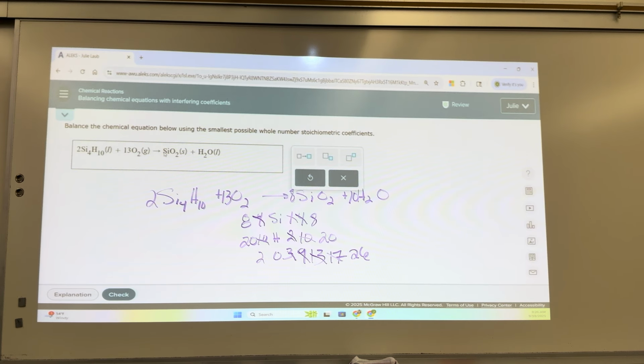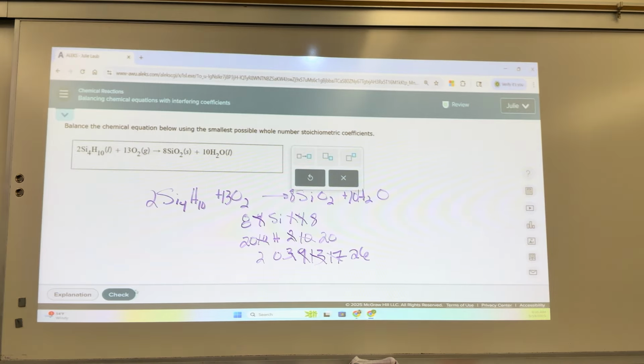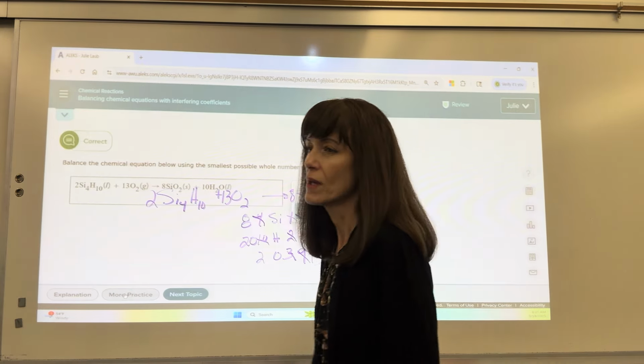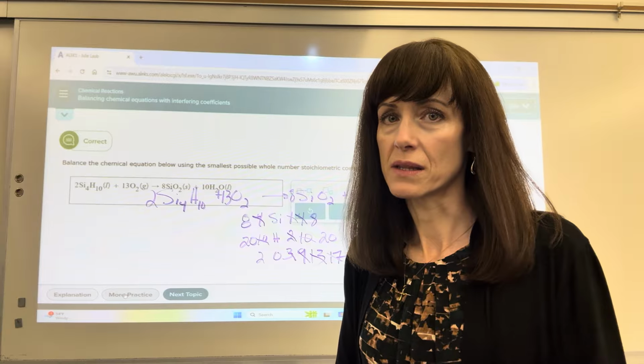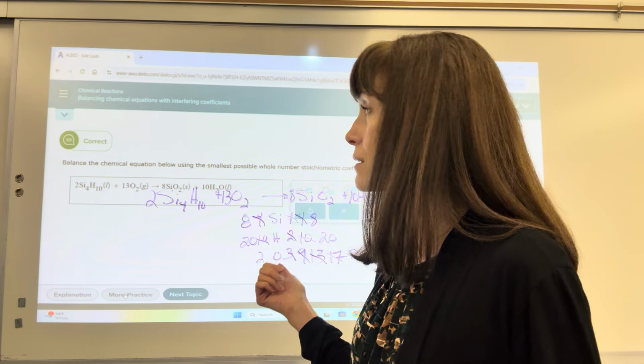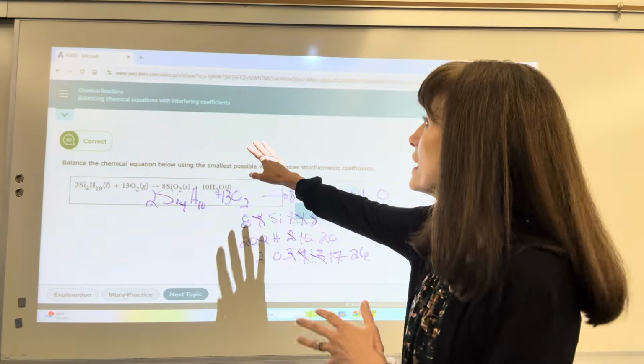We had 8 of the silicon dioxide and 10 of the hydrogen. You can see that I just typed those in. Let's go ahead and click check. Woohoo, it's correct.